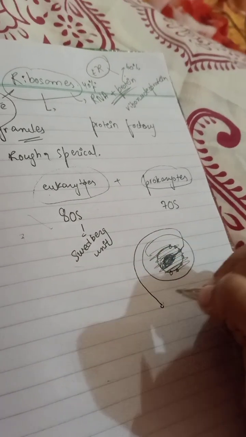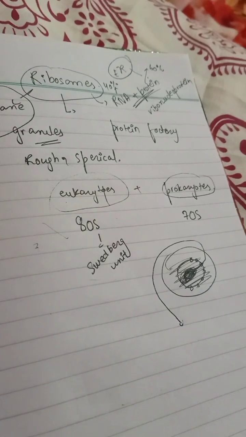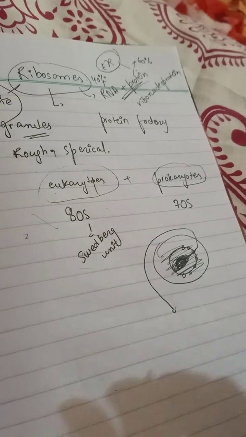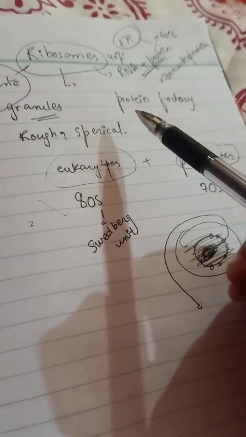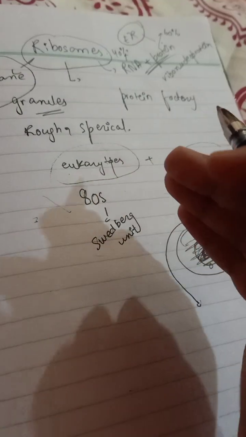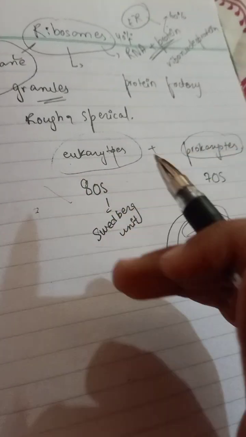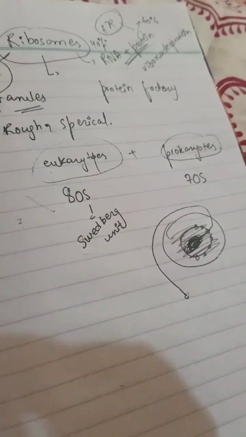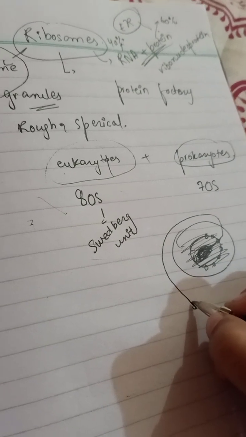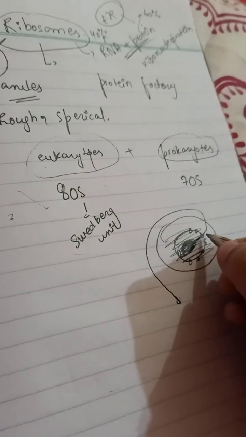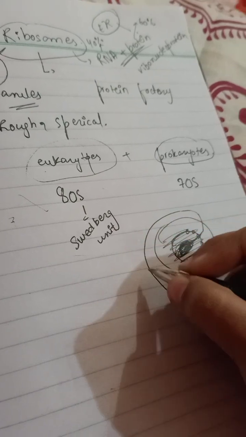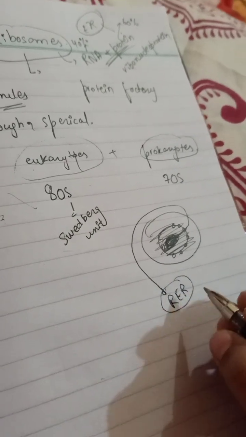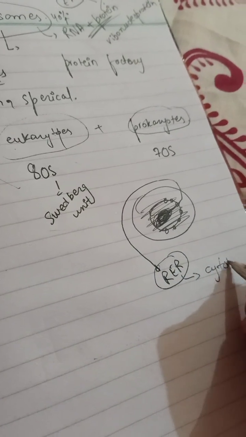In a eukaryotic cell, the ribosome is attached to the rough endoplasmic reticulum. As I told you in the difference, the rough endoplasmic reticulum has ribosomes, which is why it was called granulated, with pore-like structures. They move from the nucleus through the nucleopore, attach to the rough endoplasmic reticulum, and are also freely dispersed in the cytoplasm.